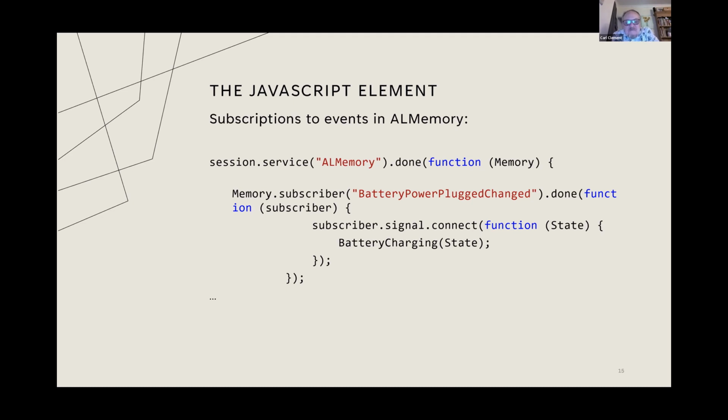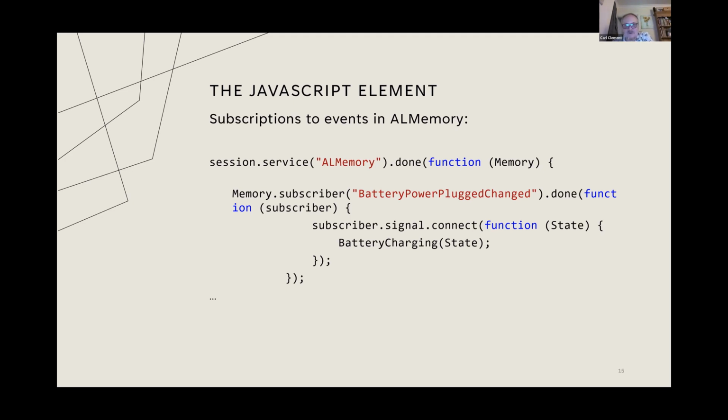AL memory, for me, is one of the most interesting modules that's in the SDK, because AL memory lets you store data locally on the robot, and it also lets you raise events on the robot so that you can create event-driven programs. Yeah. So AL memory is pretty interesting.